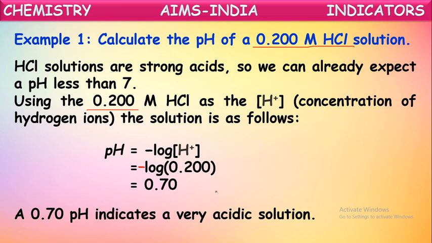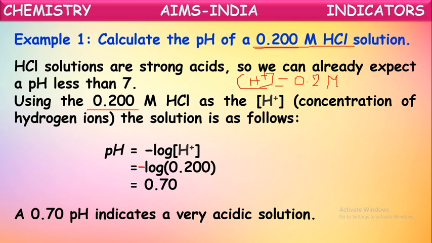So what we have done here: they have given the hydrogen ion concentration or acid concentration as 0.2. As it is a strong acid, the concentration can be taken directly as the H plus ion concentration. If we know H plus ion concentration, we can calculate the pH value of the solution. How?